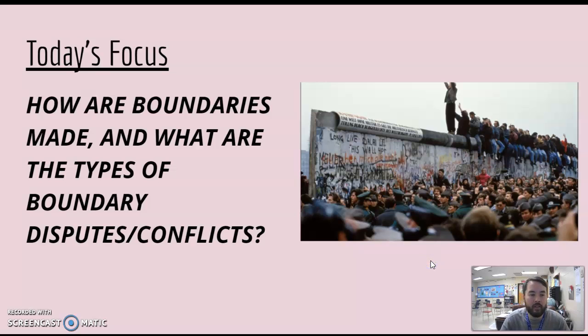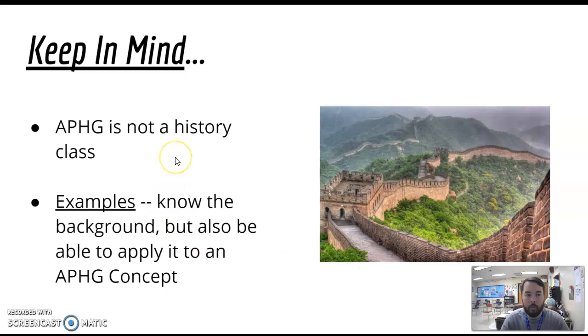Today's focus is how are boundaries made and what are the types of boundary disputes or conflicts. Remember to keep in mind that AP Human Geography is not a history class, okay? We're covering a lot of examples in Unit 4 that will be useful for you, but know the background, but also be able to apply the human geography concept.